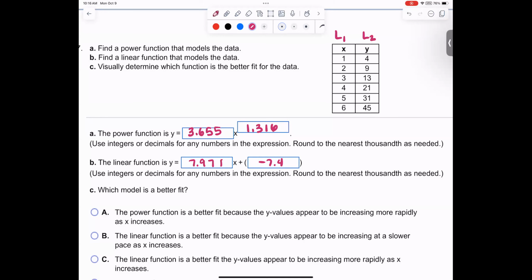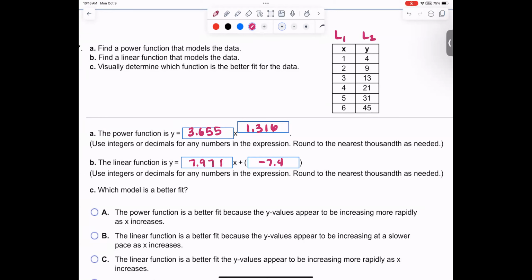But in the Y direction, we got an increment of 5, an increment of 4, an increment of 4, an increment of 10. That's not 4, that's 8. So the Y values are not incrementing at a constant rate. So for this reason, it's not going to be perfectly linear anyway.